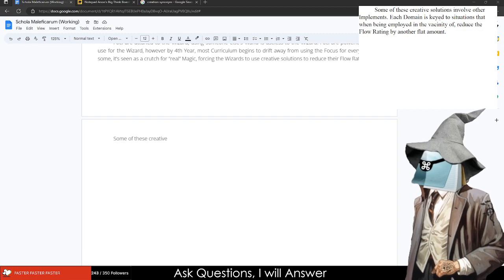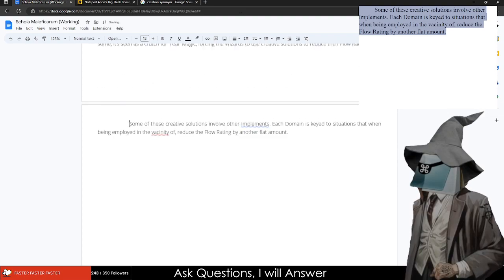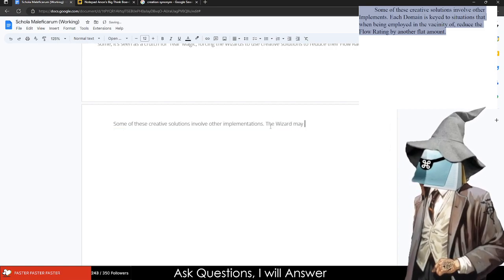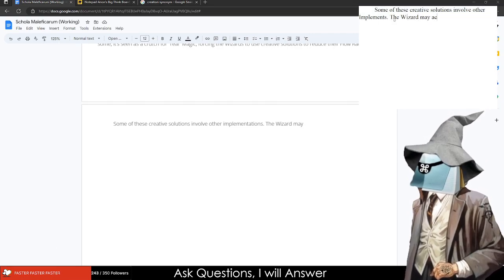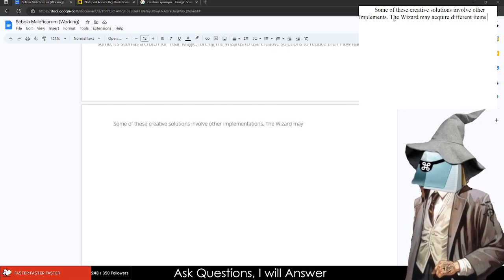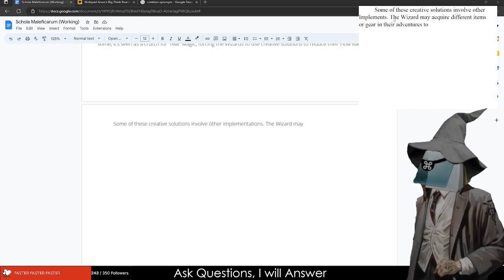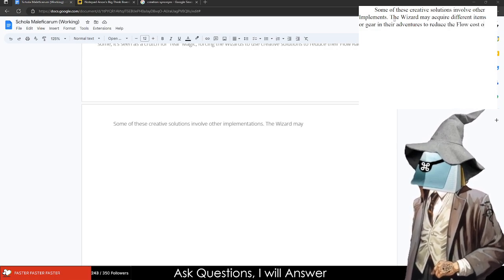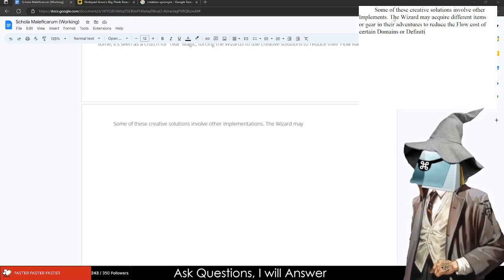Yeah, reduce the flow rating by another flat amount. It's kind of again, it's an implement. The wizard may acquire different items and gear in their adventures to reduce the flow cost of certain domains or definitions.